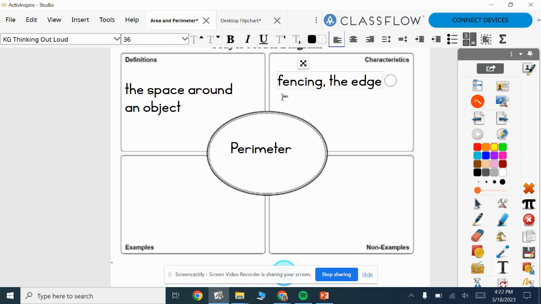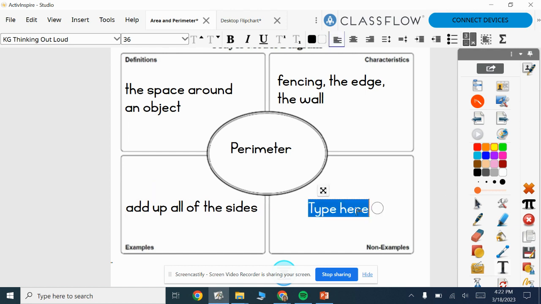If I was building a fence, we might talk about the length of the fence or the wall. We're talking about the outside edge. So you're just going to add up all of the sides. Some non-examples: there's no division or anything like that.